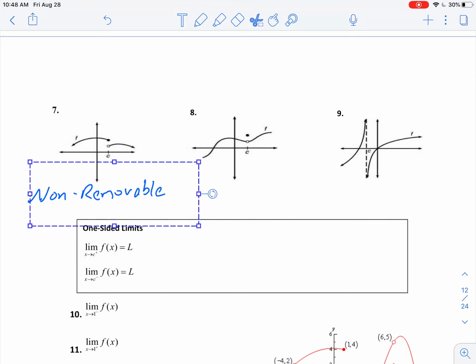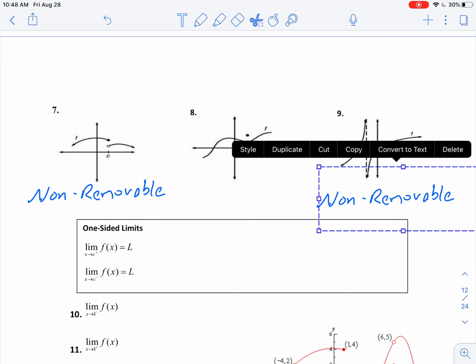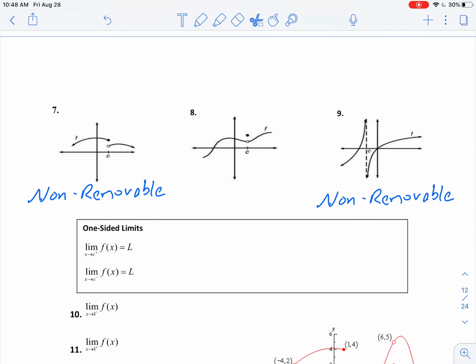And number 9, non-removable, because they're breaks. And number 8 is removable. Okay, so that's just some vocabulary on continuity and removable and non-removable discontinuities.